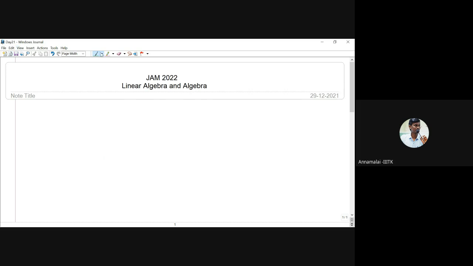So the first problem. What is the question? The number of elements in S5 which are their own inverse. So the number of elements in the symmetric group on 5 symbols, that is S5, which are their own inverses.